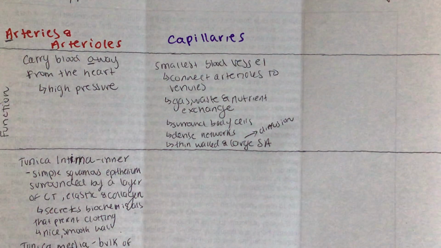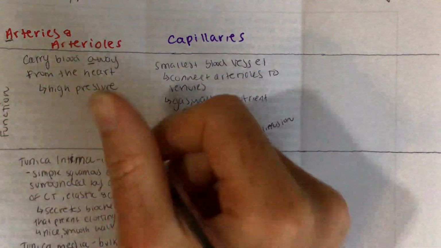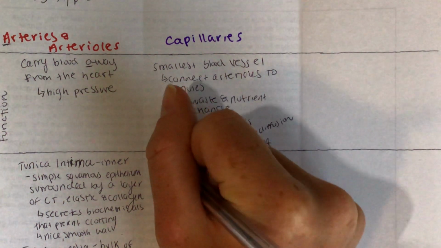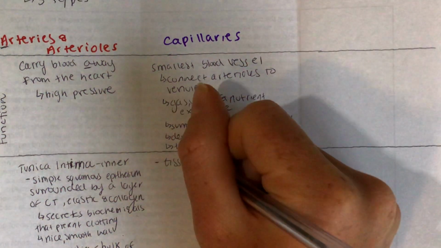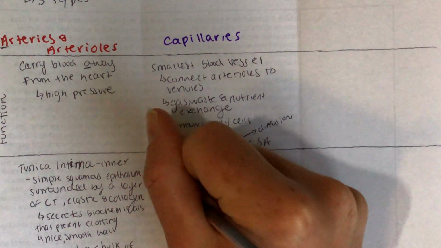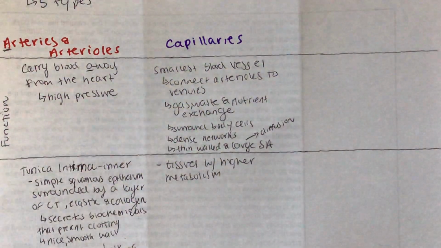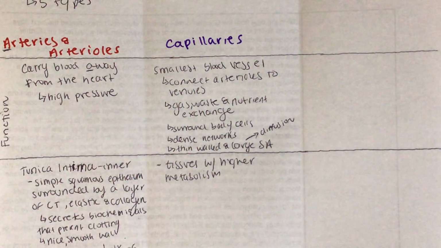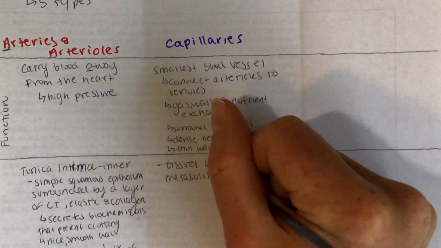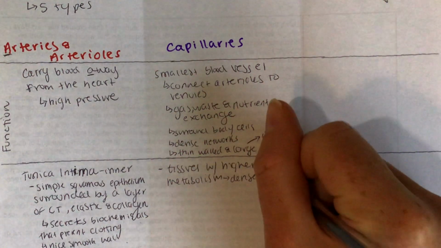Now, in the structure portion, I guess this could kind of go in the function portion, but in the structure portion, we're going to talk about how tissues with a higher metabolism, meaning they're doing more work and constantly needing more oxygen because they're using it up to make energy or ATP, are going to have a denser capillary network.